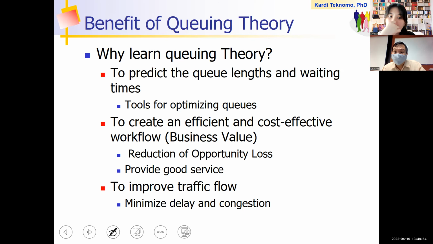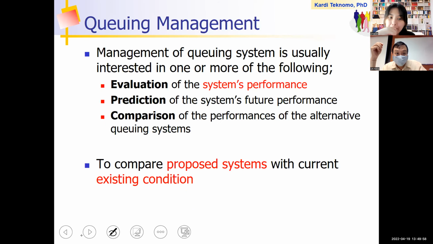If you look at queuing, the management of a queuing system is usually of interest because of this. First is the evaluation of the system performance. So you have a system, you want to evaluate that system, right? You want to know if my current system is good or not.